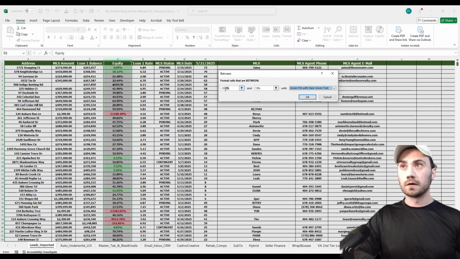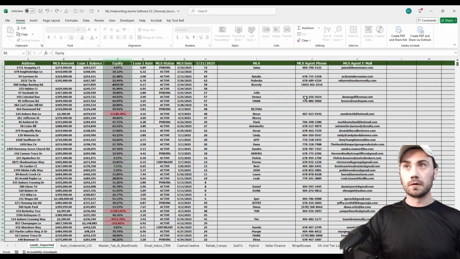So we're putting our cutoff here at the baseline at negative 15.9 and the maximum equity of 13%. We're going to put a green fill with dark green text as we know that this is going to be a positive property candidate for a subject to transaction. Now I'm going to click OK.